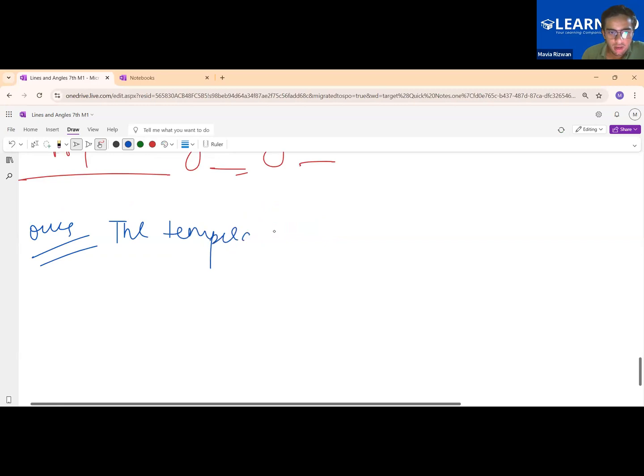The temperature at 12 noon was 10 degrees Celsius above zero.